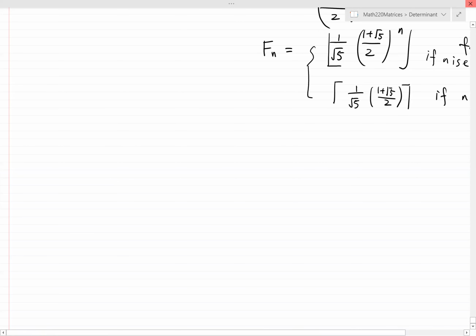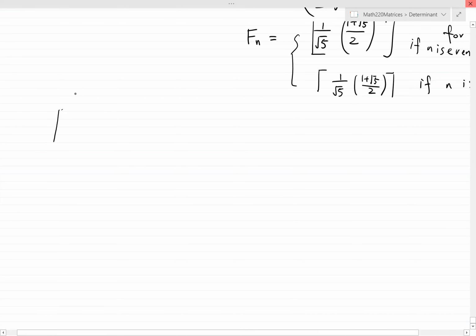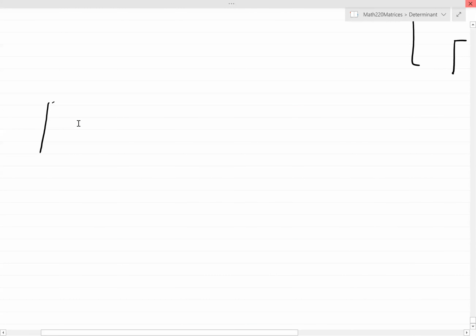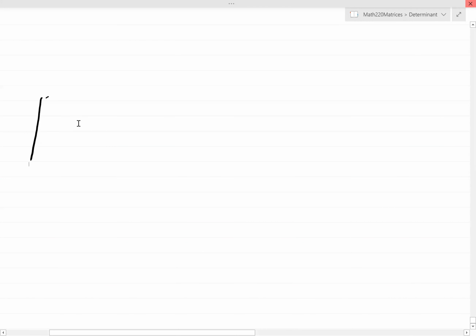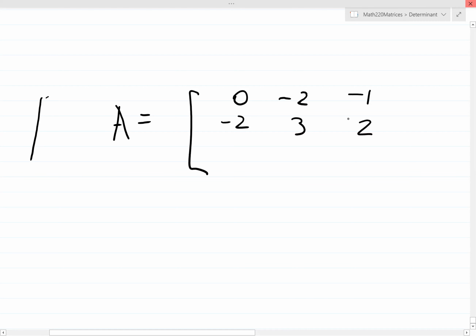So the matrix A is given by 0, -2, -1, -2, 3, 2, -1, 2, 0.